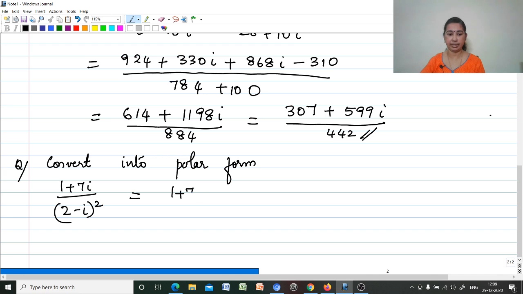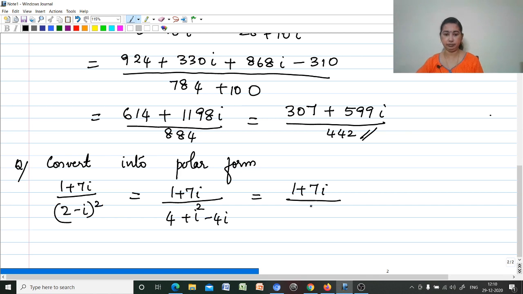So (1 plus 7i) divided by, expanding (a minus b) whole square, that is 2 square is 4, then plus i square, minus 4i, which is equal to (1 plus 7i) divided by (3 minus 4i). Now multiply by its conjugate, that is 3 plus 4i, in numerator and denominator.